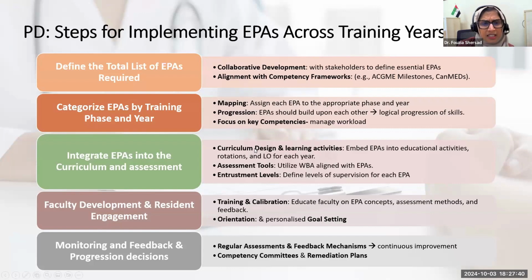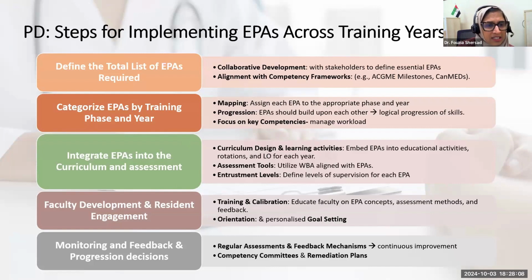A lot of care has been taken to make sure that they're aligned with the competency frameworks internationally. It has been made sure that they align with the ACGME milestones and the CanMEDS, so that the real tasks which you find under each EPA would be what you have already been following.